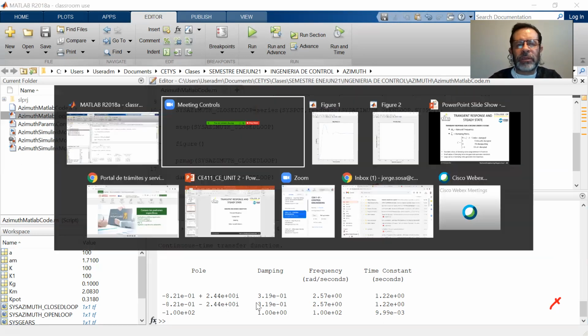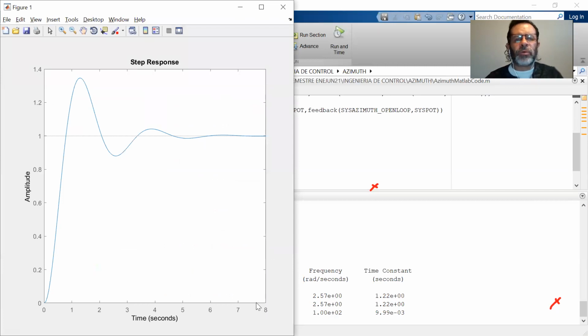We would like a 0.4, but notice that we're still getting a fast response. So again, going back to Pablo's question, right now we have a 0.3 of damping ratio. We would like for that to be a little bit higher, just so the system doesn't have so much overshoot and might be a little bit faster in its response.